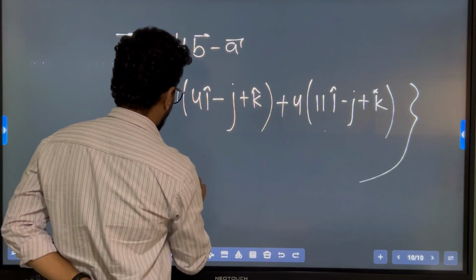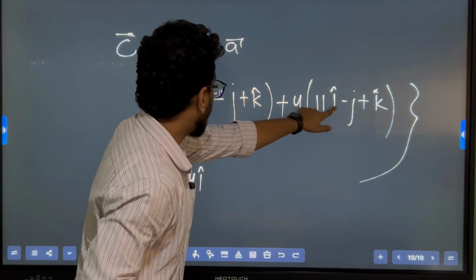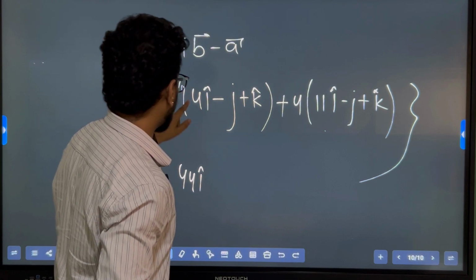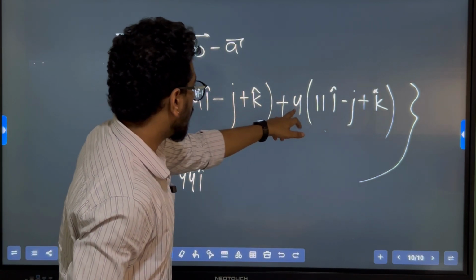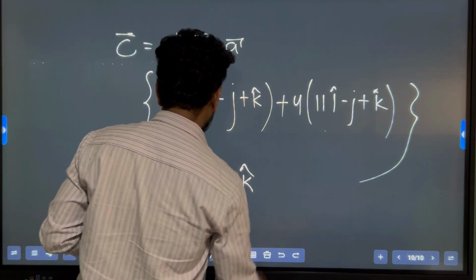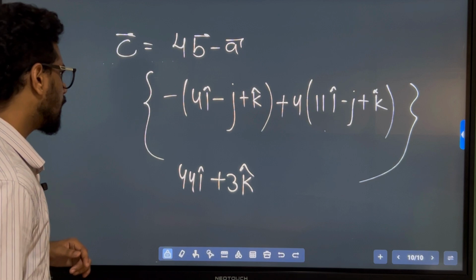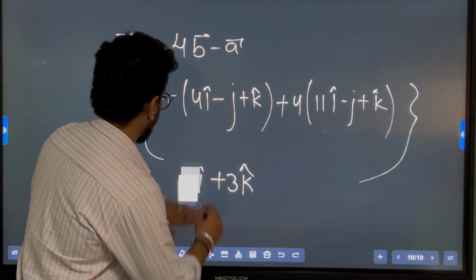So 44i minus j, minus or plus j. I guess this is cancelled out. 4k minus k is 3k. Is that correct? Oh, my bad. 44 minus 4 is 40i.